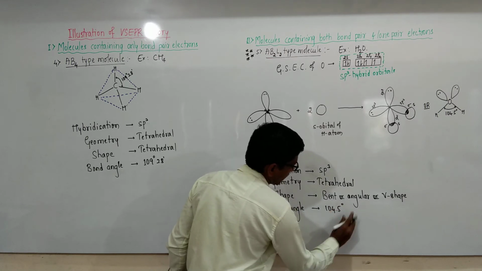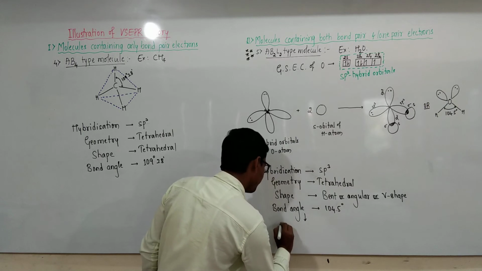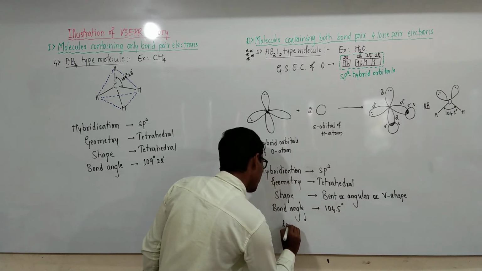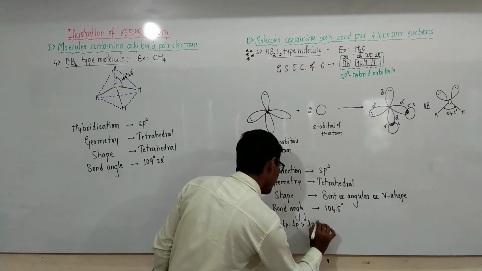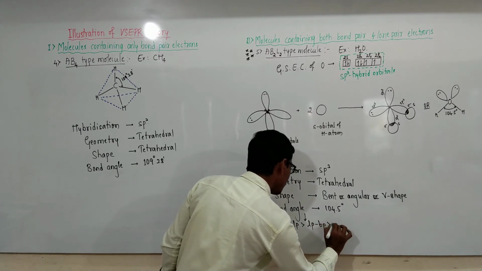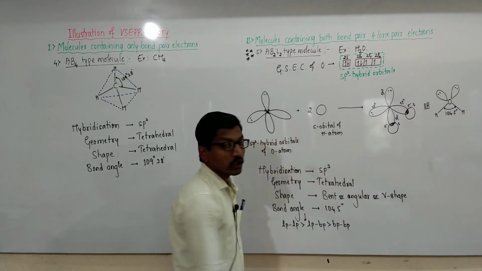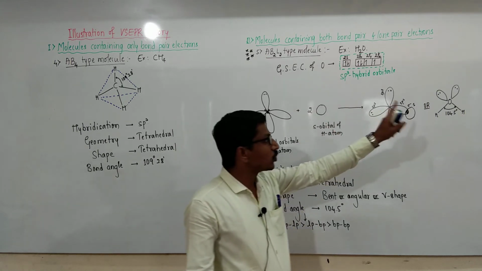104.5 degrees. This is because the bond angle reduces due to lone pair-lone pair repulsion being greater than lone pair-bond pair, which is greater than bond pair-bond pair. In water molecule, all these repulsions are possible because there are two lone pairs and two bond pairs.